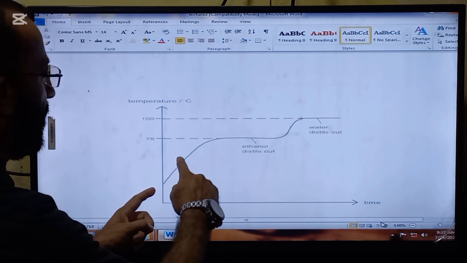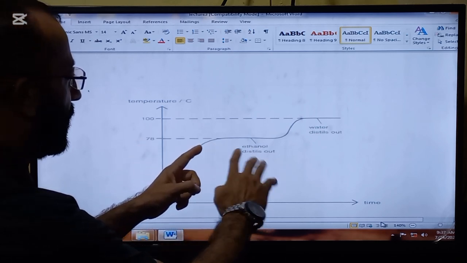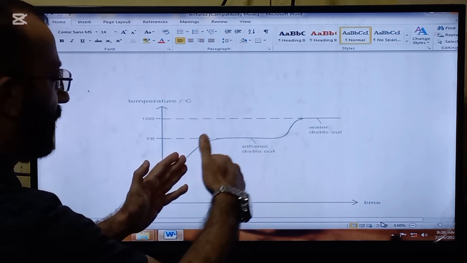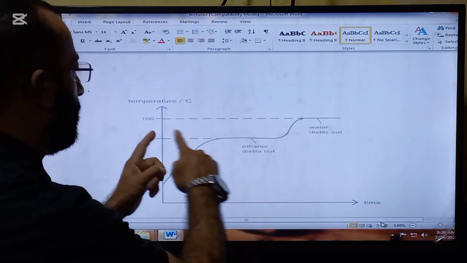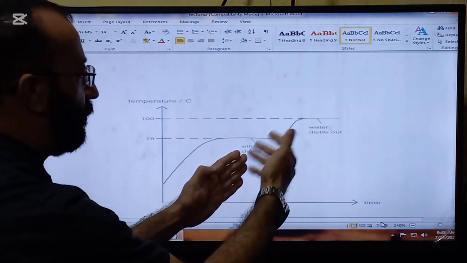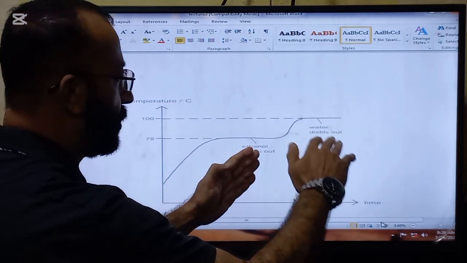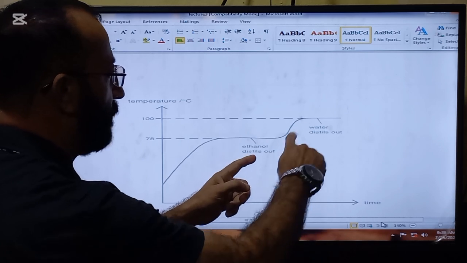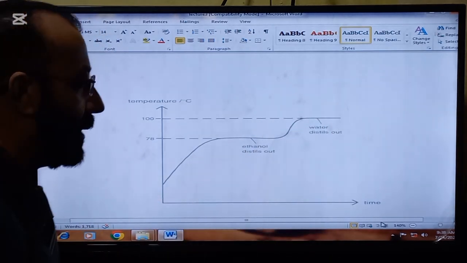First the temperature will rise, and when 78 degrees C is reached, ethanol will be distilled out, and when all the vapors of the ethanol have been distilled out, the temperature will rise again, and when it reaches 100 degrees C, the water will boil, and water vapors will pass through the condenser, be converted back into liquid, so water will be distilled out. So this will be the heating curve of the whole process.